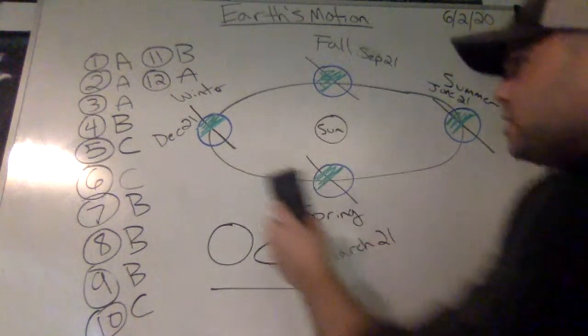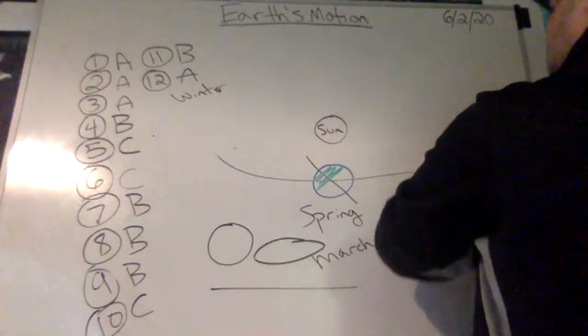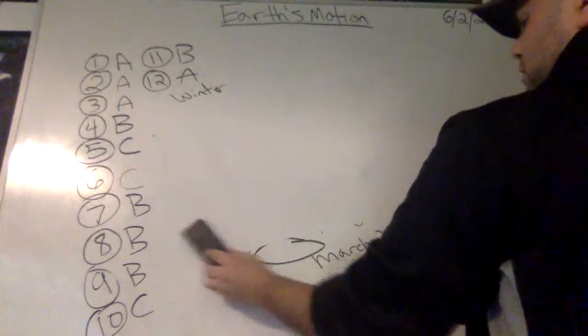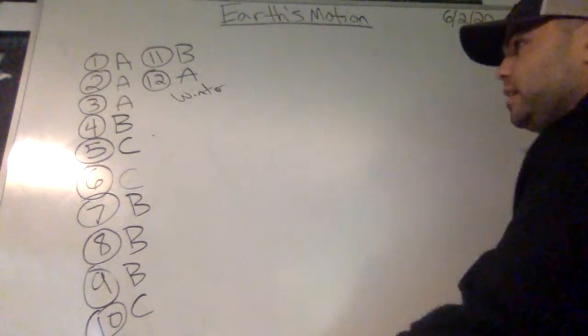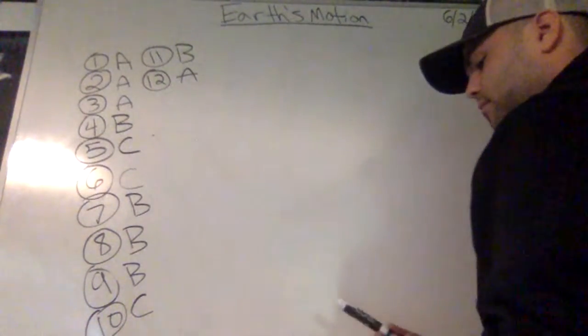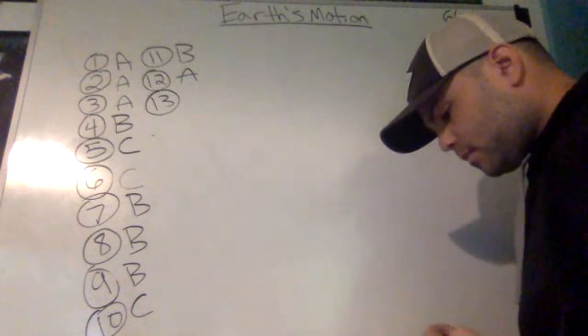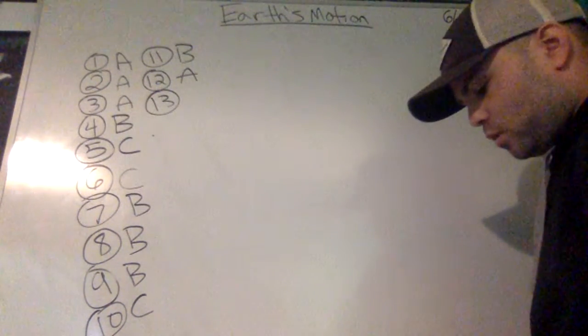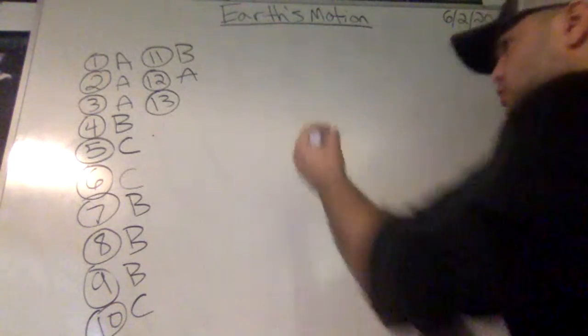Remember, you can always pause the video, but I've got to make some room so I can actually do the equation. So for number 13, it says, what is the eccentricity of an orbit having a major axis length of 100 million miles? So here's the first thing they give us.